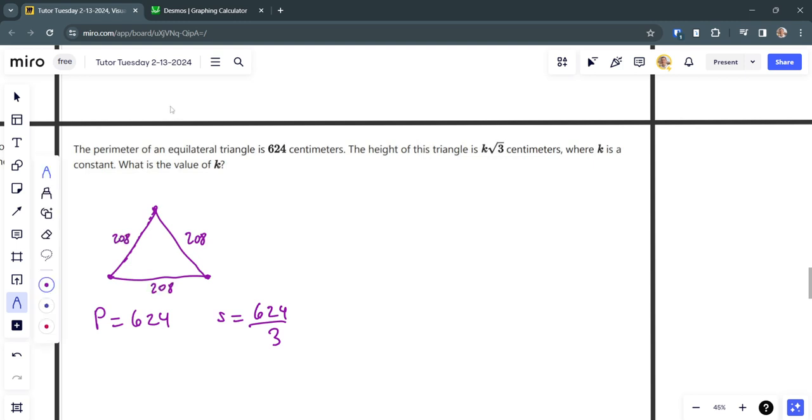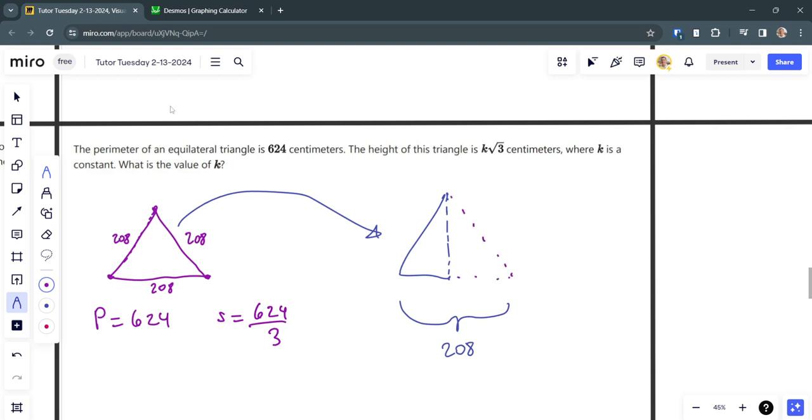Right. From here, we're going to need to use a 30, 60, 90 triangle. I'm going to split this equilateral triangle in half. So yeah, the whole thing is 208, but this small part is just 104.